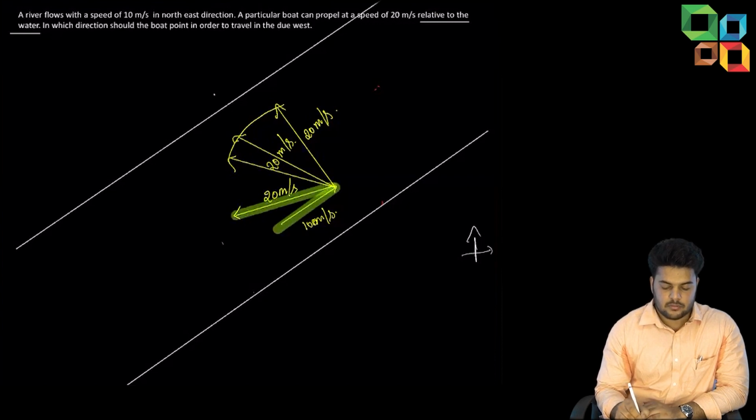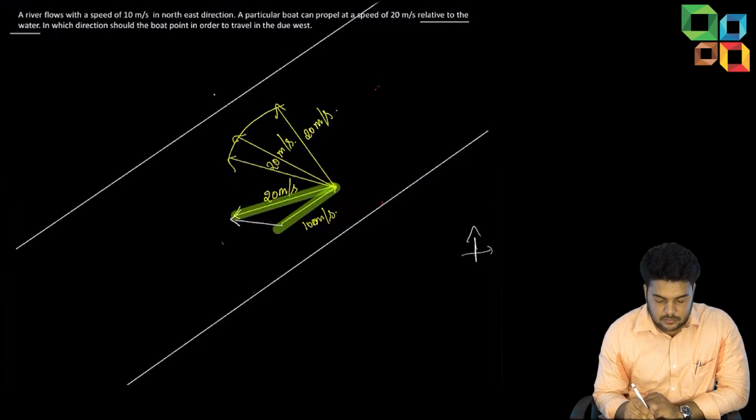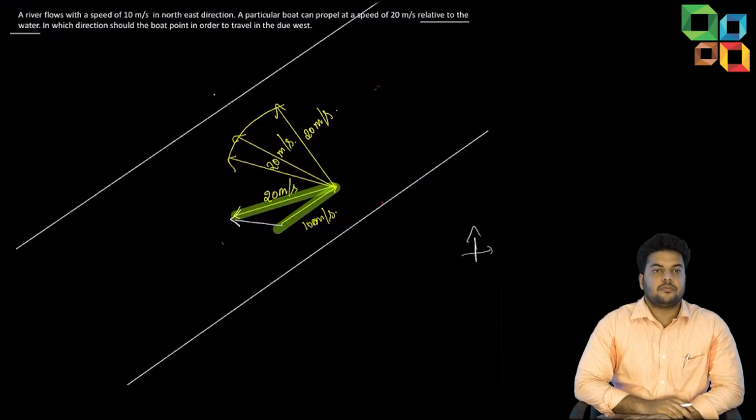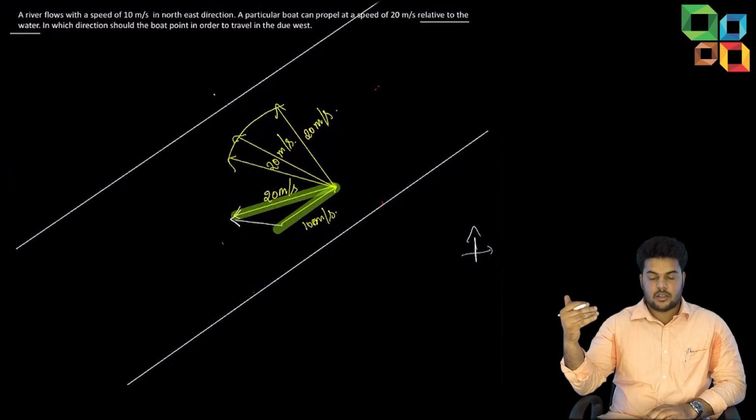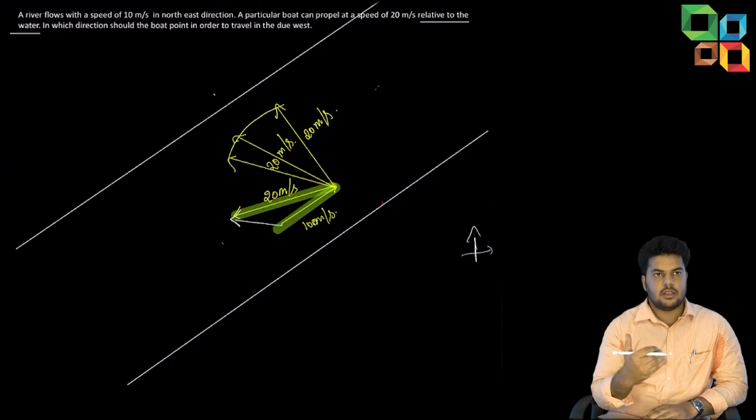If you go this way, then where will you end up? Look at that. You'll end up going west. Can you see that? You're going westwards. So Avani's answer was right. You have to go in the southwest direction, but not exactly in the southwest direction.